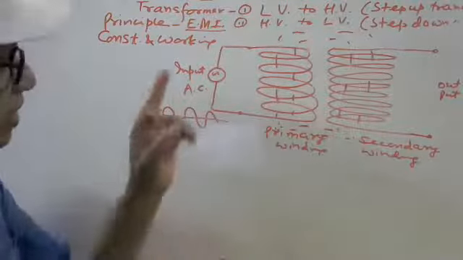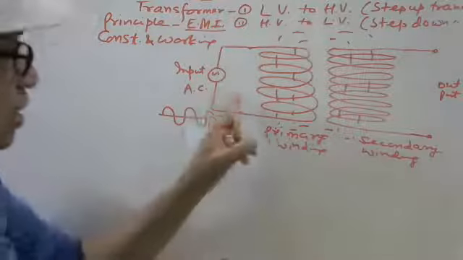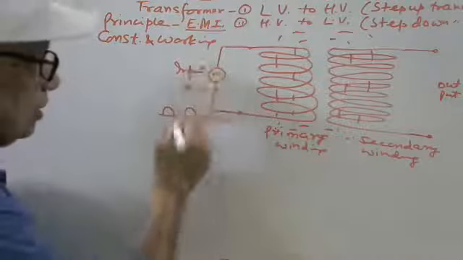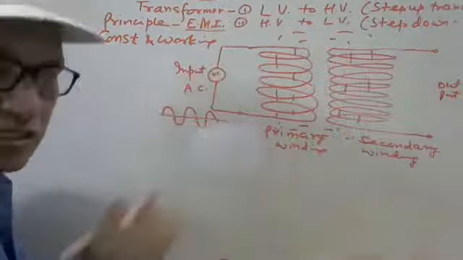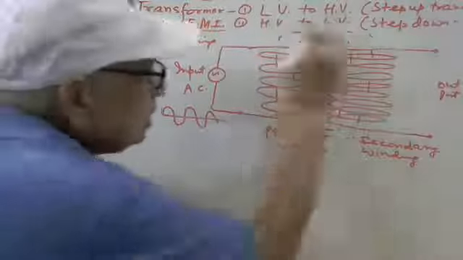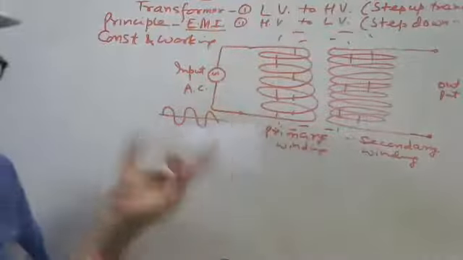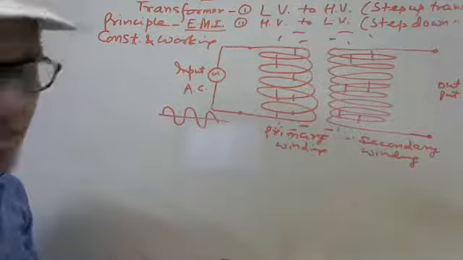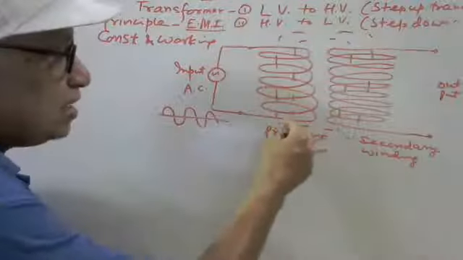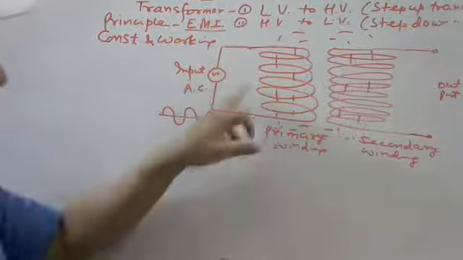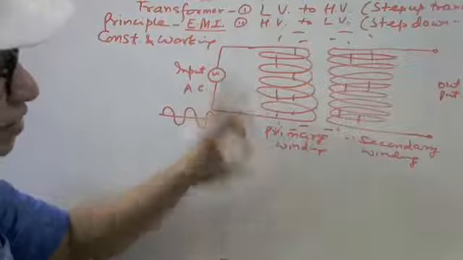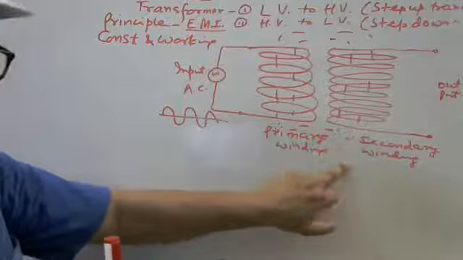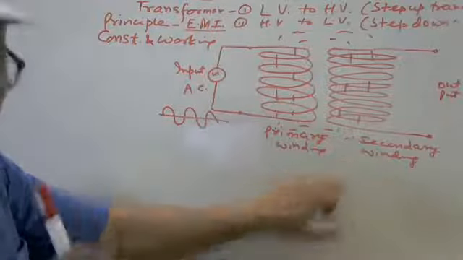This is the electrical field, positive negative changes, and here it develops the magnetic field. So the current produces the magnetic field, and the magnetic lines of force are touching the primary. At the same time, a few lines of force are touching or linking with the secondary also.